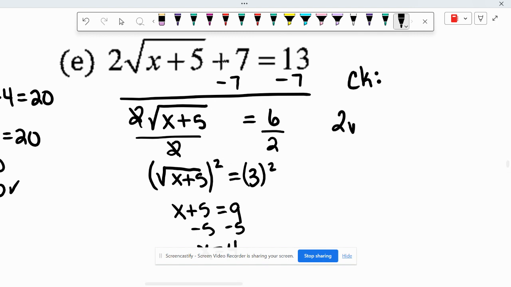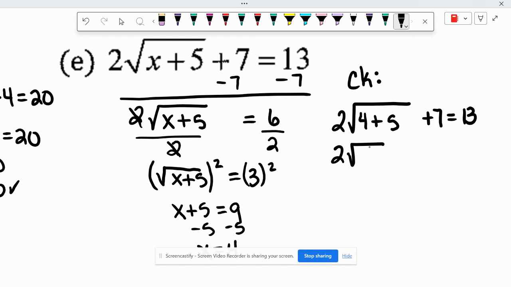So 2 times the square root of 4 plus 5, plus 7 outside of the radical, equals 13. Well, what is 2 plus, or sorry, what is 4 plus 5? 9. So I have 2 times the square root of 9 plus 7 equals 13. What is the square root of 9? So I really have 2 times 3 plus 7 equals 13.